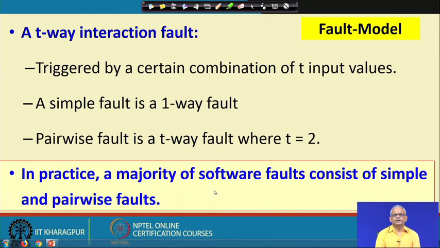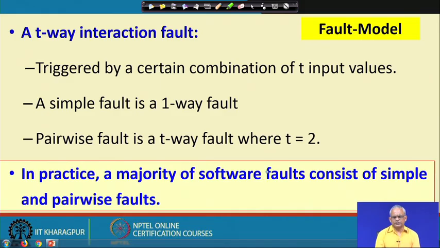It is an important observation that in a majority of software, it is an empirical observation that the faults consist of simple and pairwise faults.